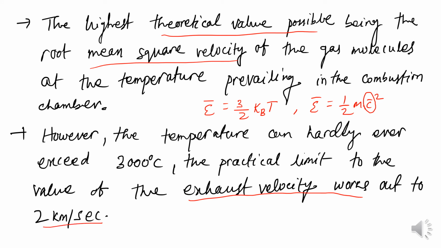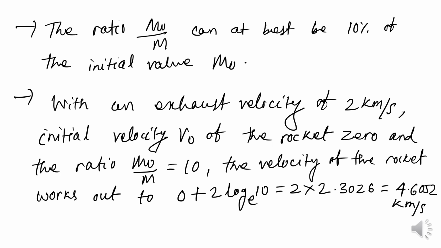If you consider this temperature T as 3000 degrees Celsius, then the value of c bar, that is the root mean square velocity, is calculated to be 2 km per second, the exhaust velocity. The ratio m0 by m can at best be 10% of the initial value m0. M0 is the initial mass of the rocket and m is the mass after some time t.